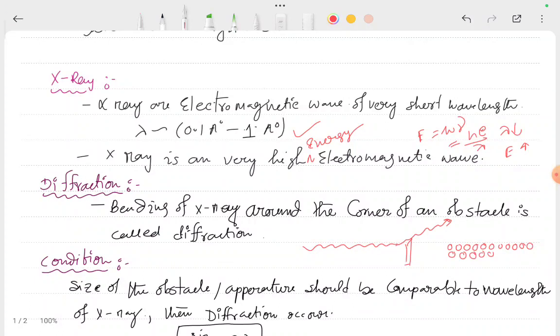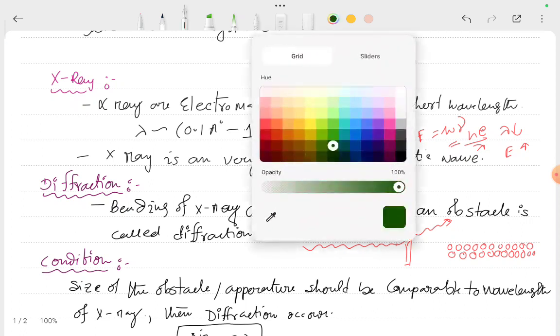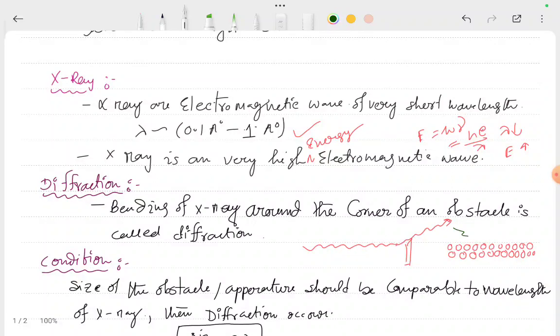It's like that. So if an electromagnetic wave, I mean X-ray, is incident on it, then what actually happens? This electromagnetic wave passes through the crystal or it is diffracted, I mean it changes its direction of path. That's a big question, right?